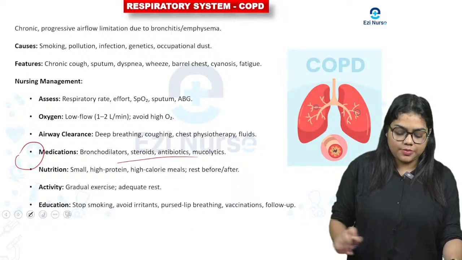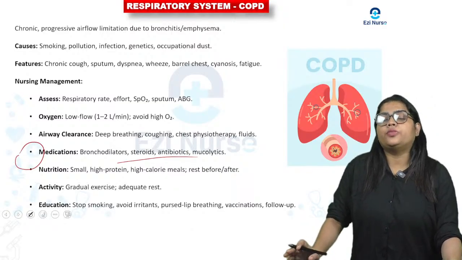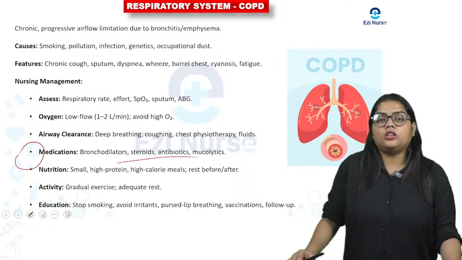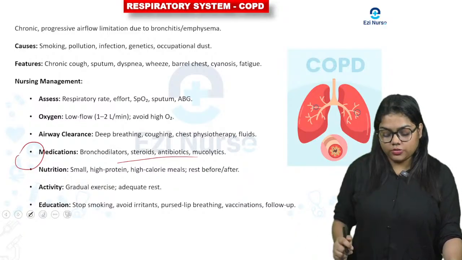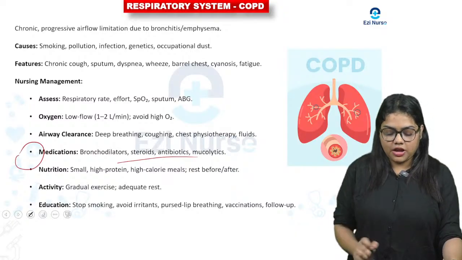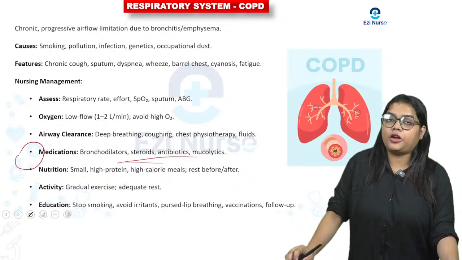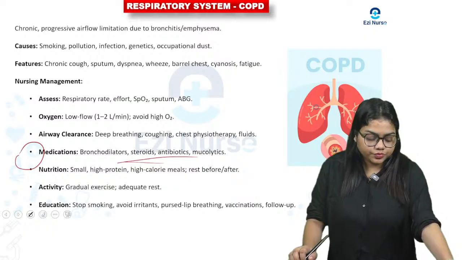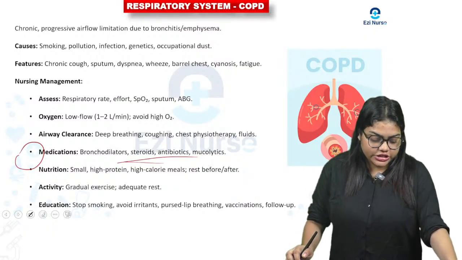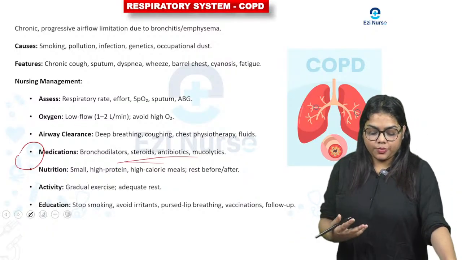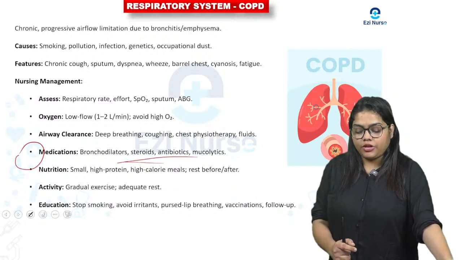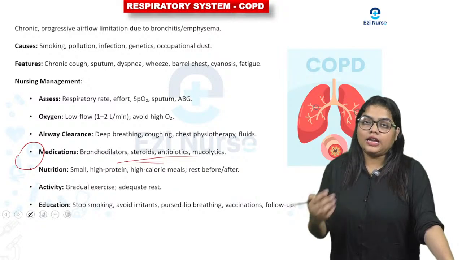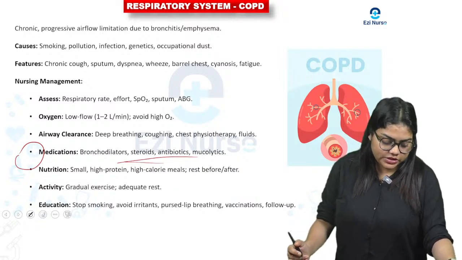Next, we have to provide medications such as bronchodilators, steroids, antibiotics, and mucolytics. Sometimes this question can come up: which types of medication can we provide to the patient with COPD, chronic obstructive pulmonary disease? We can provide bronchodilators, steroids, antibiotics, and mucolytics. The next one is nutrition, where we have to provide small, high protein, high calorie meals, and we have to give rest before and after any kind of procedure.